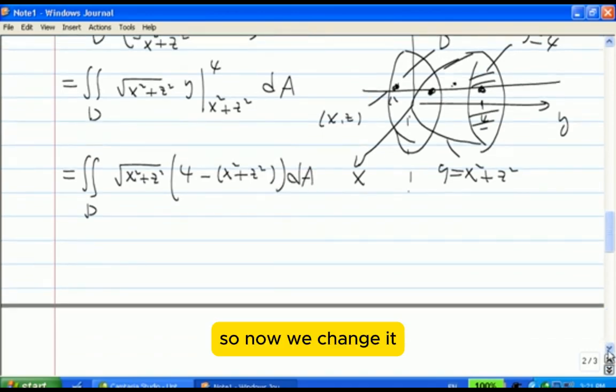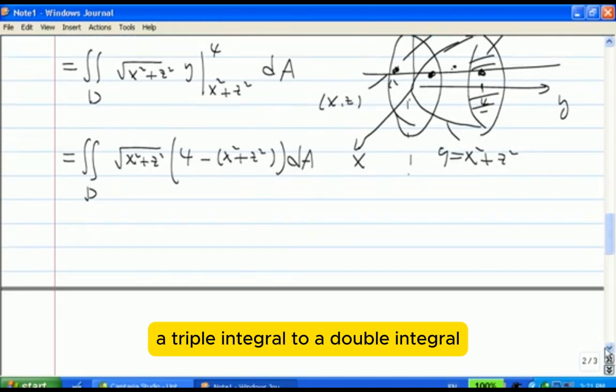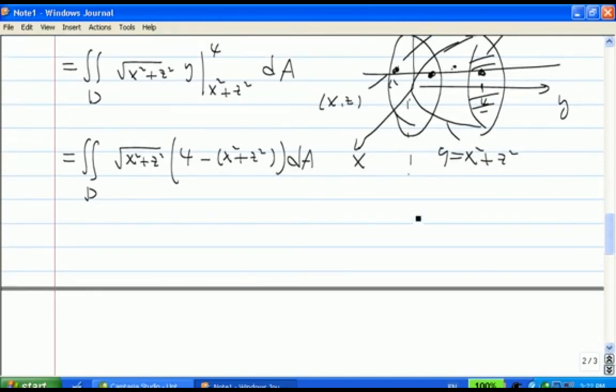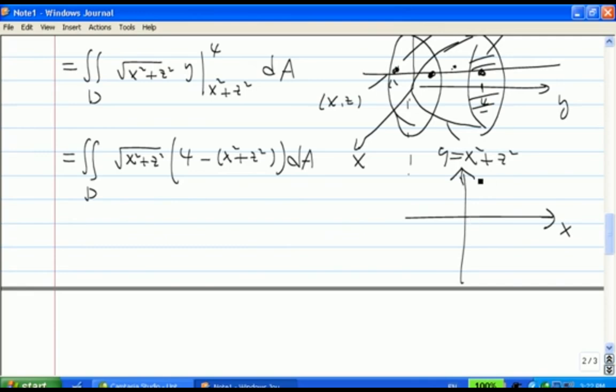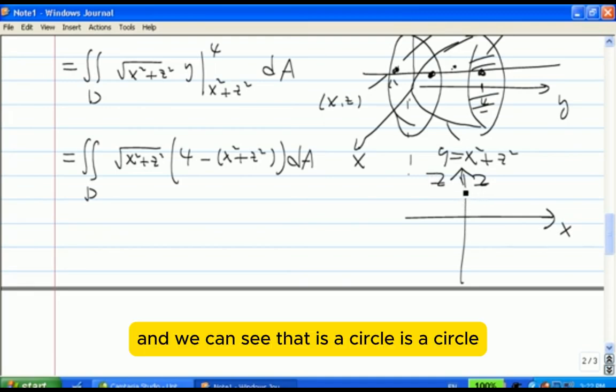So now we change the triple integral to a double integral. Let's go back to see what the region D here on the xz plane is. Xz plane. And we can see that it's a circle.